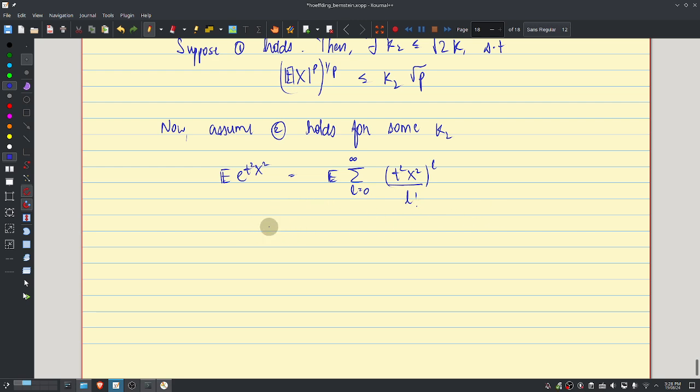So this is equal to summation L equal to 0 to infinity t to the power 2L by L factorial times expected value of x to the power 2L, which is the same as expected value of mod x to the power 2L because 2L is even. Okay. What next? Let's just use this form that we have.